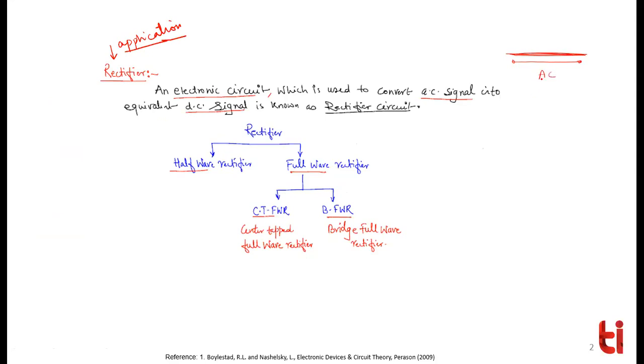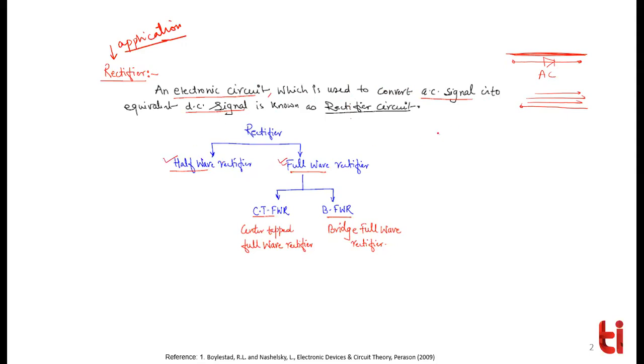If we need the current to go only in one direction, we can simply place a diode here. It will solve our purpose. So an electronic circuit which is used to convert AC into DC is known as a rectifier circuit. There are two types of rectifier: half wave rectifier and full wave rectifier.